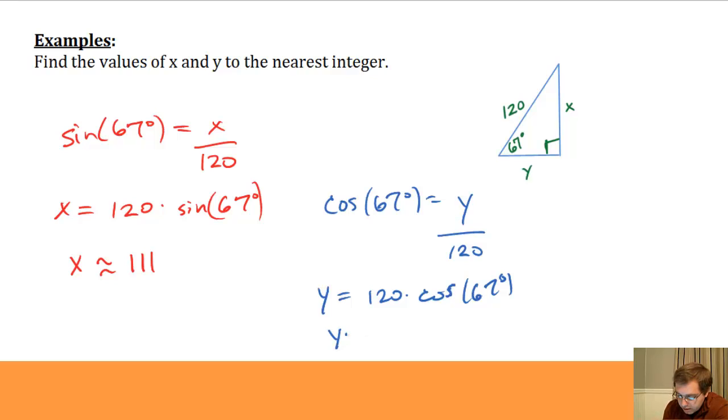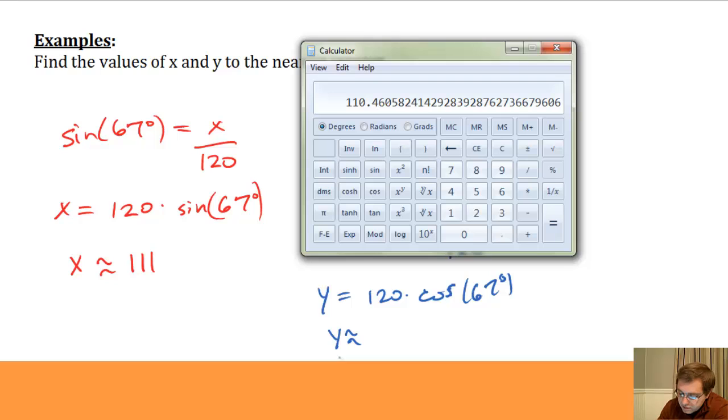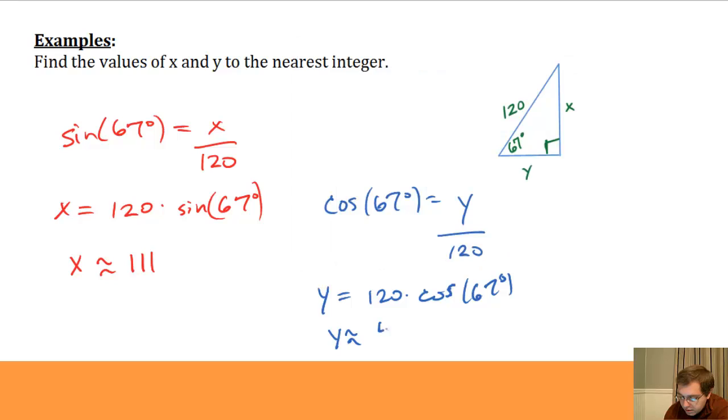So I'm going to find the cosine of 67 degrees. 67 cosine times 120 equals about 46.88, which is approximately 47.